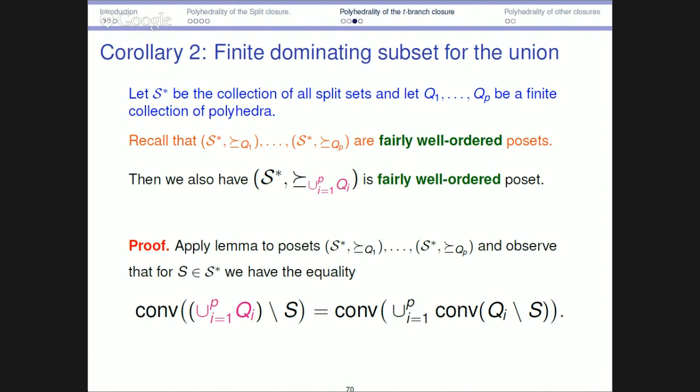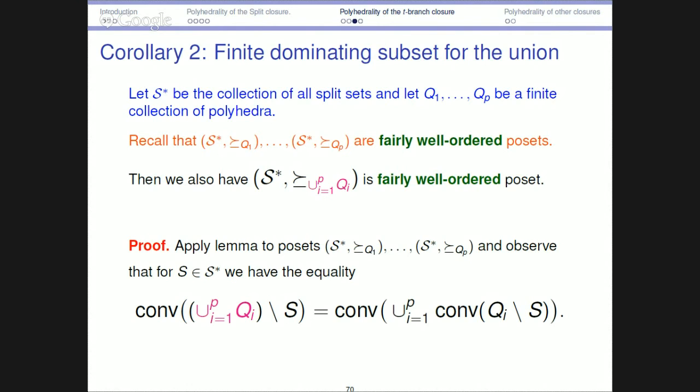That means that these are finitely well ordered posets, because for the second proof technique that uses the Gordan-Dickson lemma, this result that we want to prove is true. But if this is true for these P polyhedra, then you can also say that if you consider the split sets with the order given by the union of these sets instead of every Q, this set is also finitely well ordered. So given this partial order, you will also find a finite set of dominating elements.